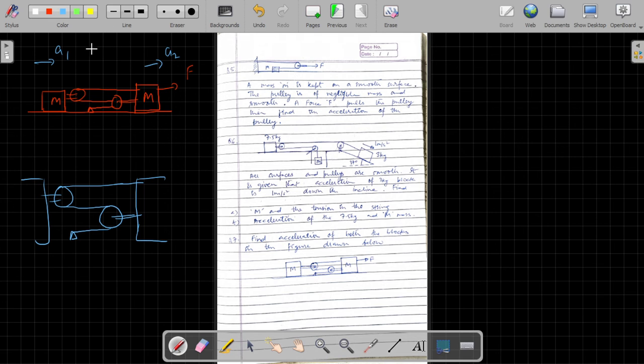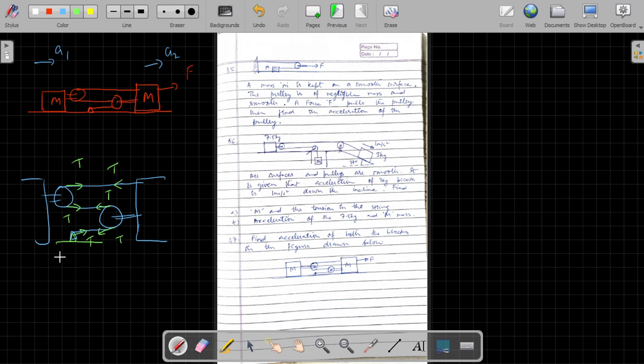Since we are having one string only, it's a tension T, only a single tension can be taken. If there are more than one strings, then you would take tension T and tension T dash, and you would have to decide for which string you have to write the constraint relation.